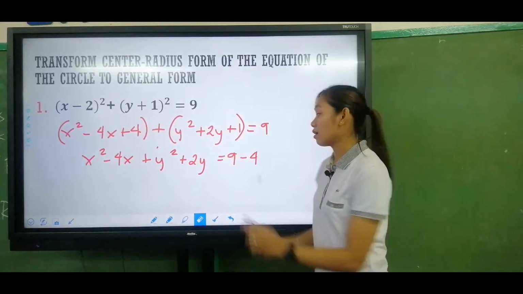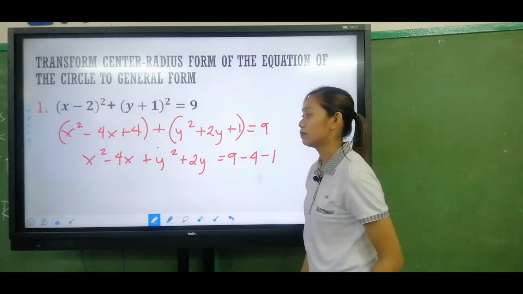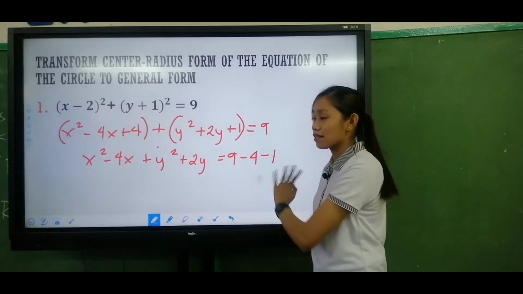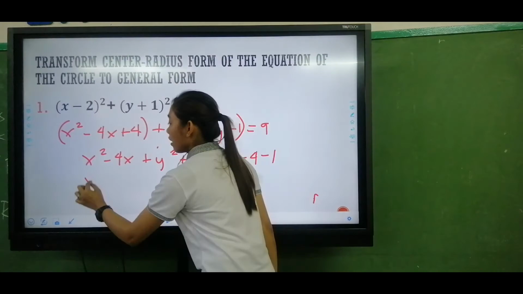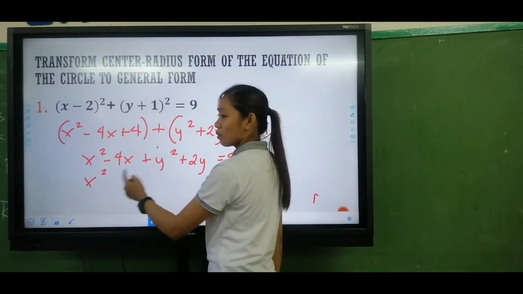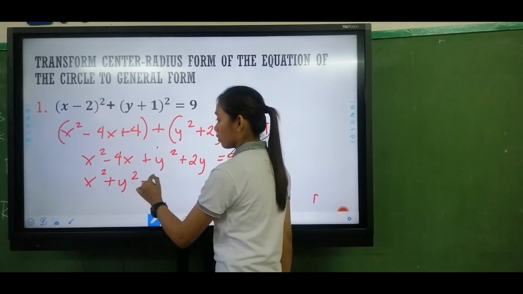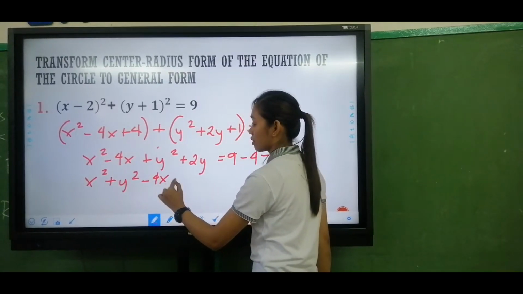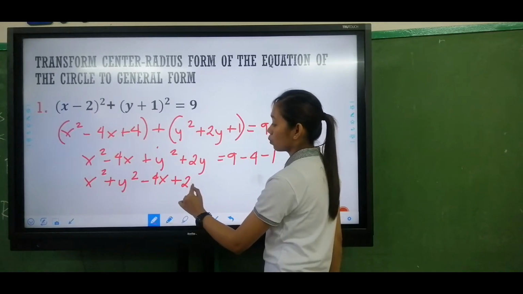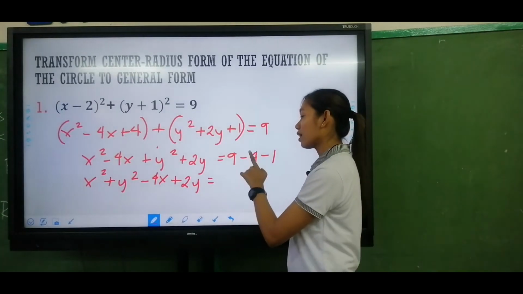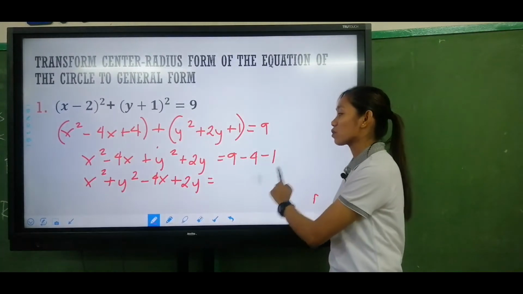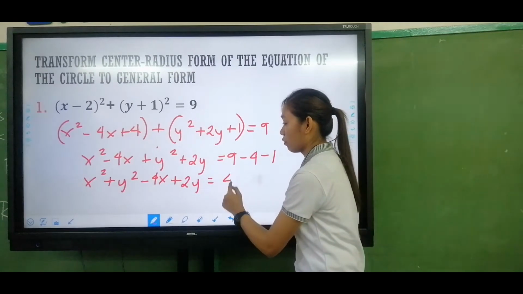Transpose din natin si 1, so that will be minus 1. Next, arrange natin, then simplify. So x squared, dapat kasunod niya si y squared, so plus y squared. Next, si x minus 4x, then si y plus 2y is equals to 9 minus 4 is 5, minus 1 is 4.